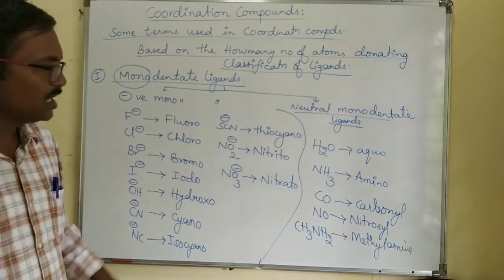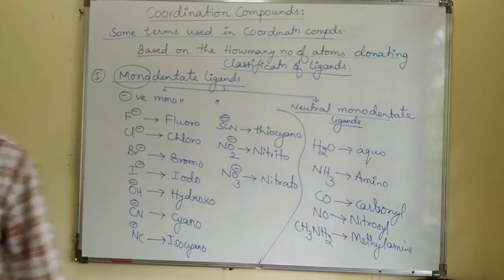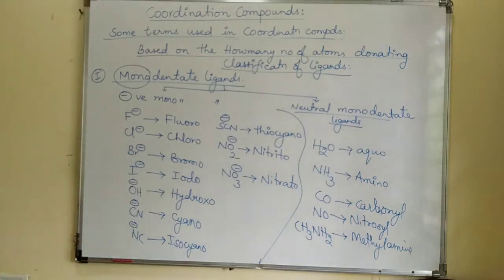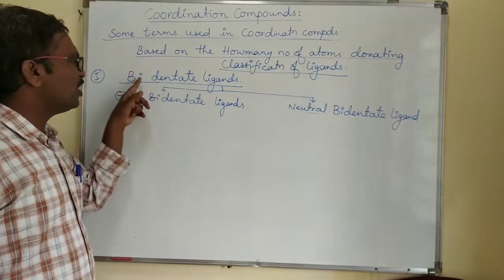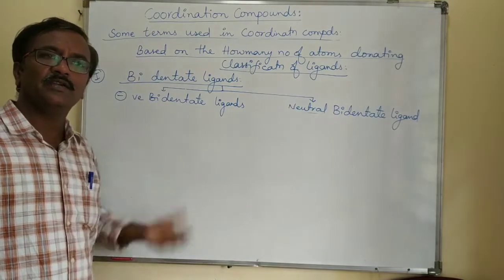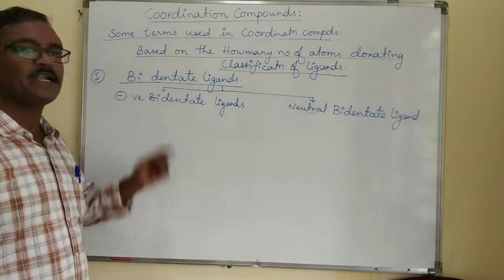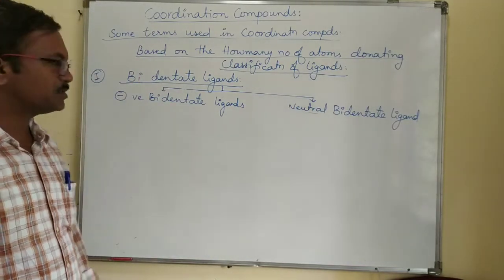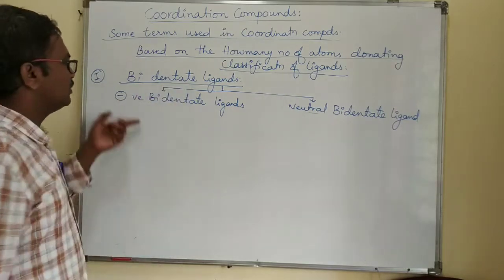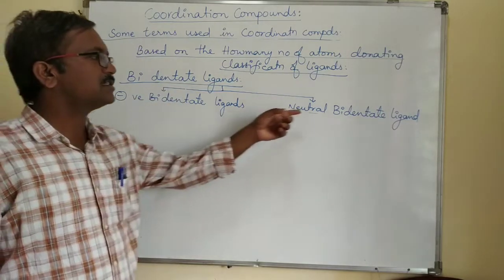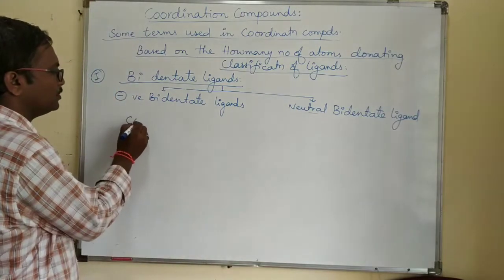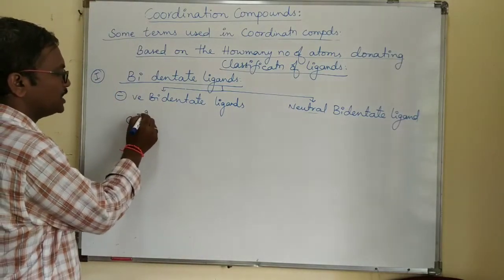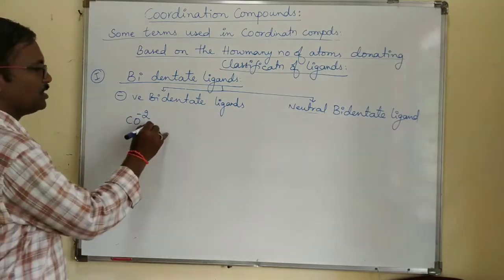The next one is the bidentate ligand. How many atoms are donating electron pairs? Two atoms are donating. Here also there are negative bidentate ligands and neutral bidentate ligands. Carbonato, CO3 minus 2.